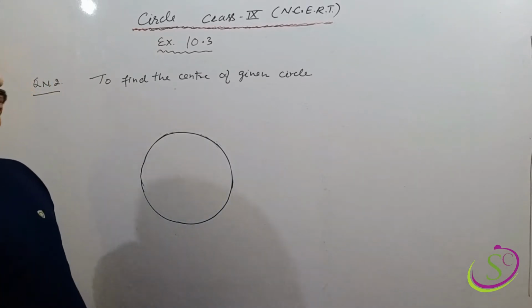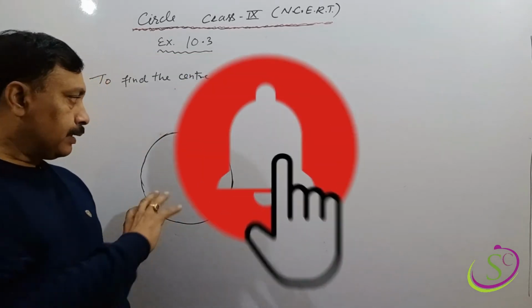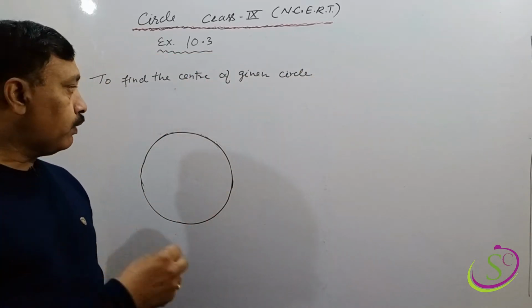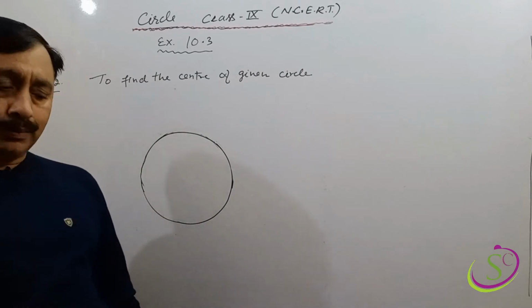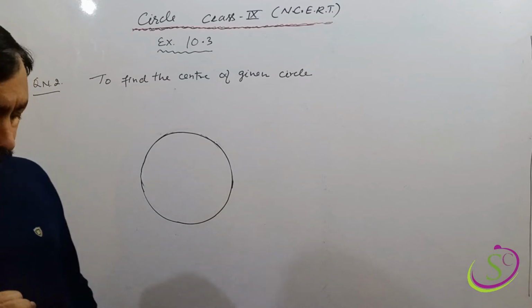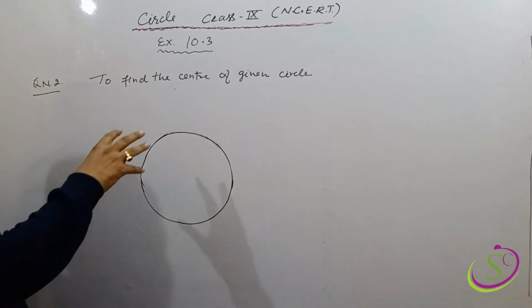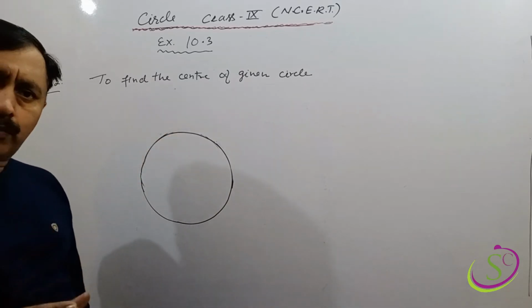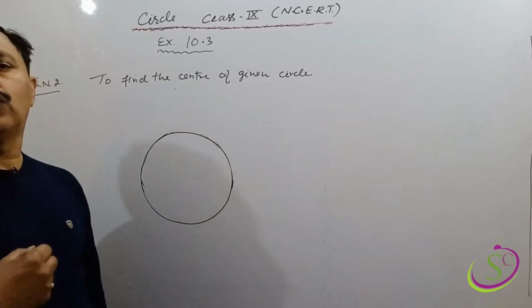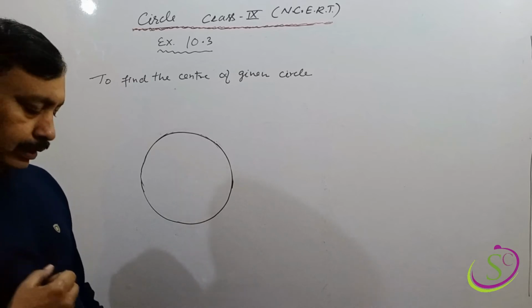Question number 2 is a circle given to us without a center, and we have to find the center of this circle. The question is based on construction. So how can you find the center of the circle? First of all, we have to draw two chords of this circle.